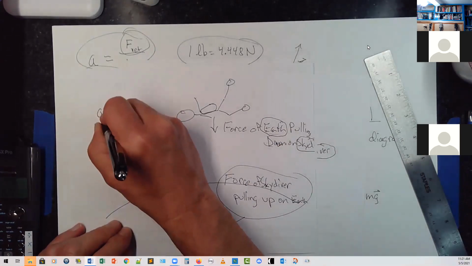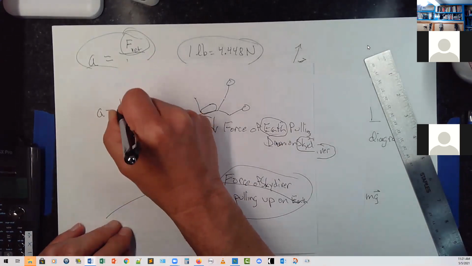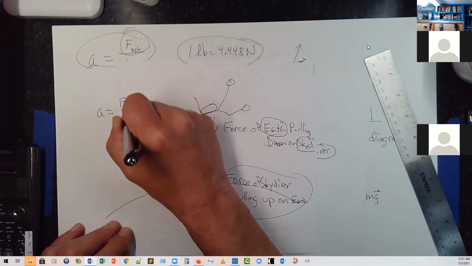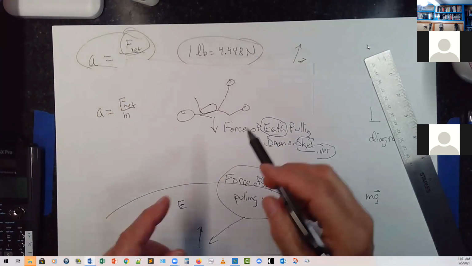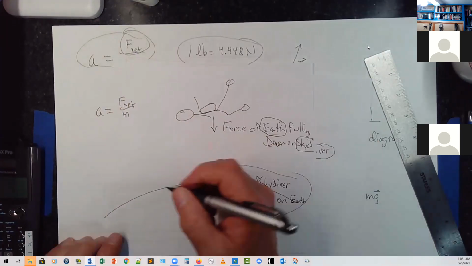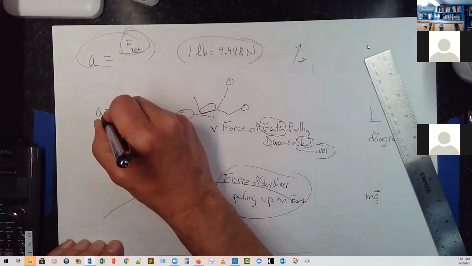And that's because the acceleration of an object is the net force acting on it divided by its mass. Now, the skydiver doesn't have that big of a mass, but the Earth does. And so this is the acceleration of the skydiver.